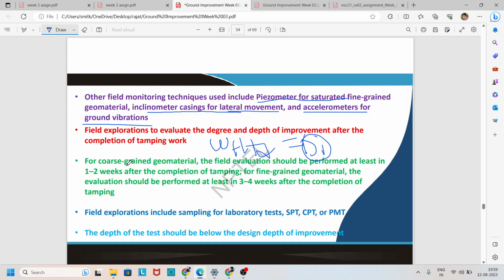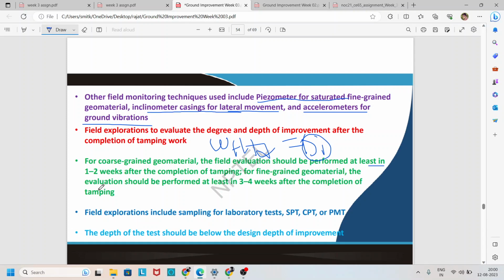And for coarse-grained geomaterial, the field evaluation should be performed at least 1 to 2 weeks after the completion of the tamping. For fine-grained geomaterial, the evaluation should be performed 3 to 4 weeks after the completion of the tamping. That means the coarse-grained soil undergoes immediate settlement, since it is cohesionless soil.